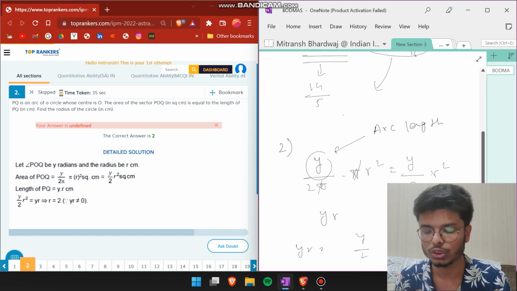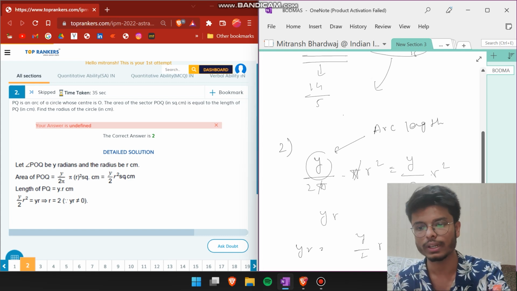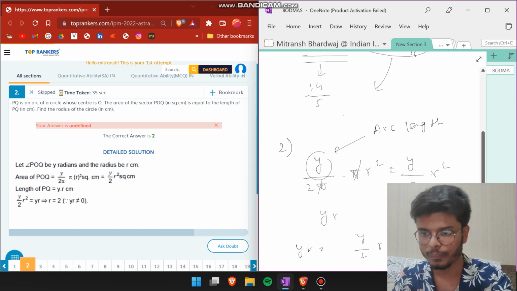So yr equals y by 2 r square. So from this it's a very simple question and you get the final r to be equal to 2.